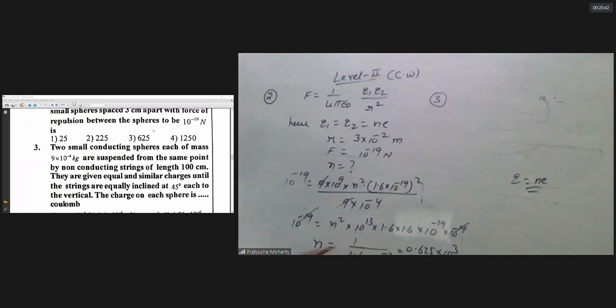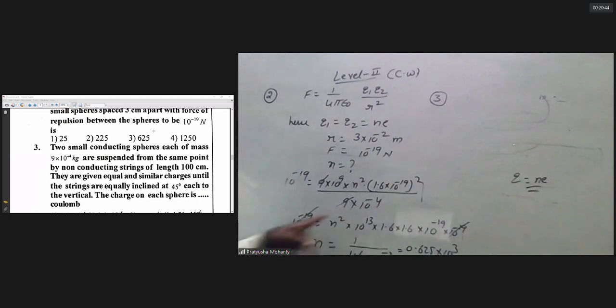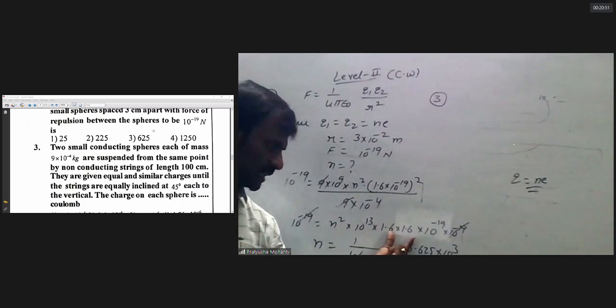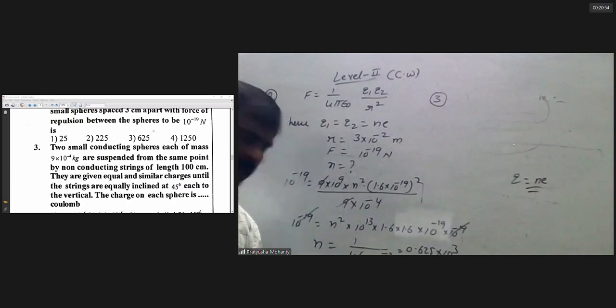Correct calculation. Don't multiply 1.6, 1.6, because in the square it will be gone. We'll get only 1.6.